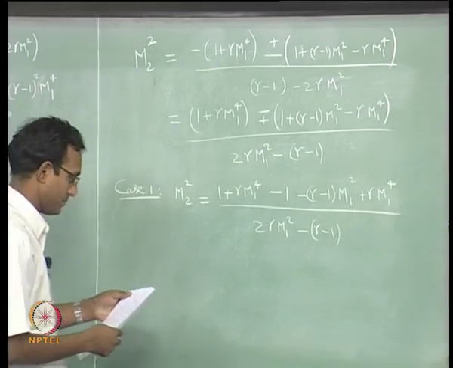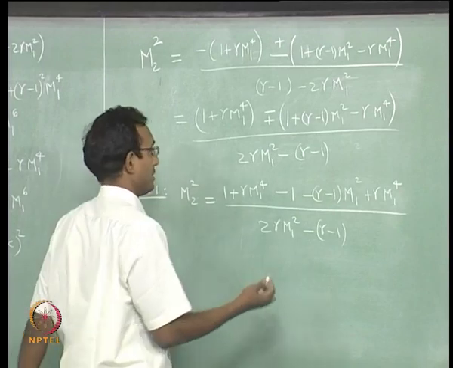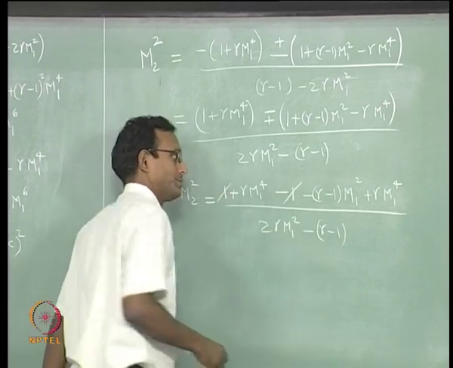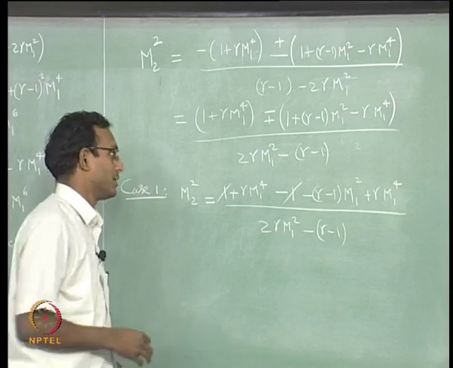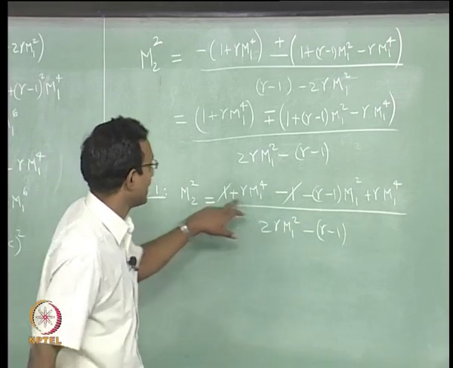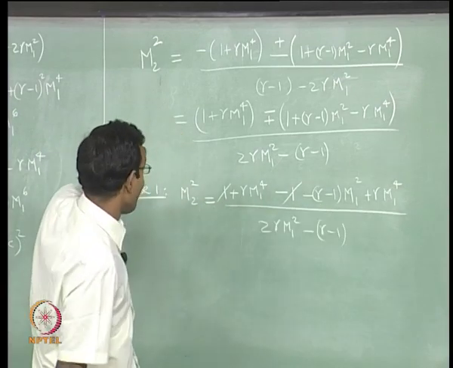This is what I have. Can I simplify anything? There is nothing to simplify except this 1 minus 1, just that can be removed, nothing else can be removed.